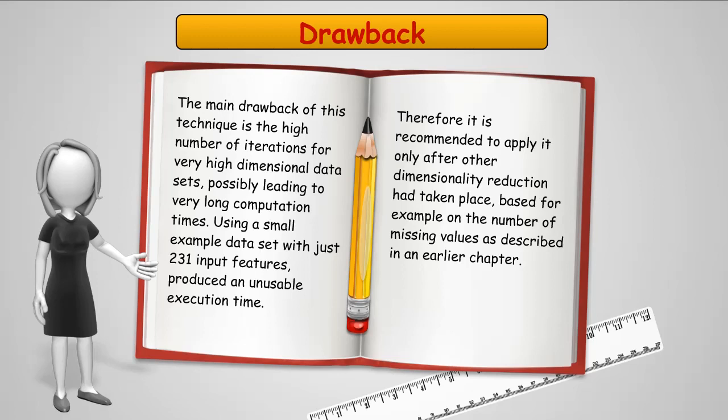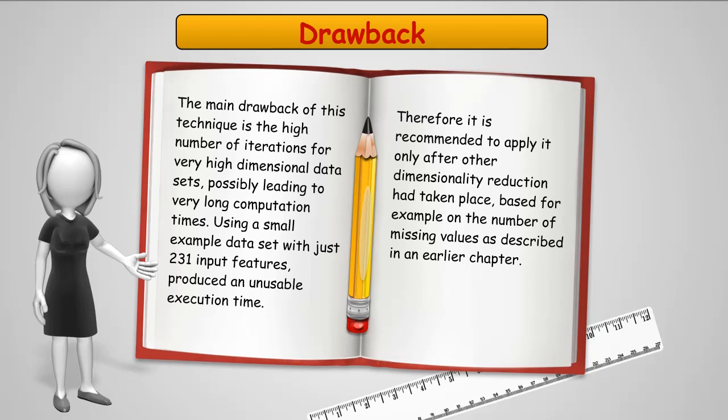Even a small example like we've been using, 230 or 250 input features in our data set, produces an almost unusable execution time because it's got to eliminate one feature at a time, so it's got to remove 231 columns one at a time, and for each one execute the classification model, find the one that's slowest, and then remove it. Then go 230 times, and then 229 times. So basically, in this example, it would be 231 factorial.